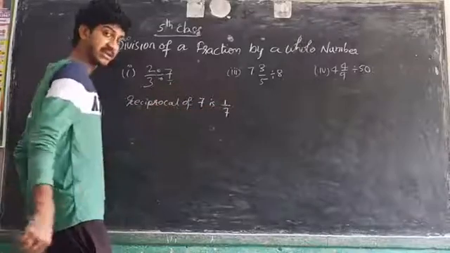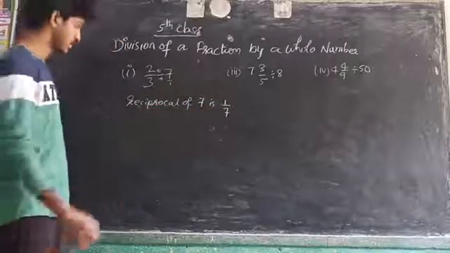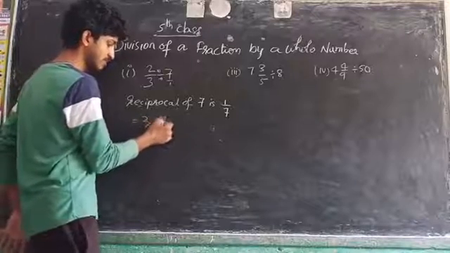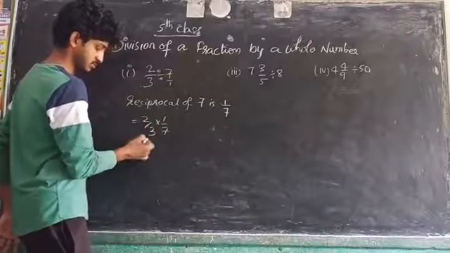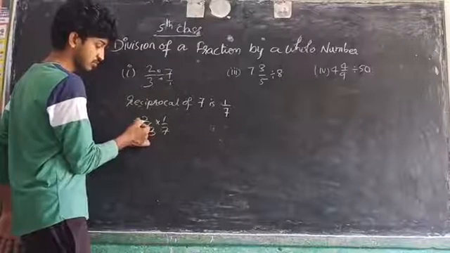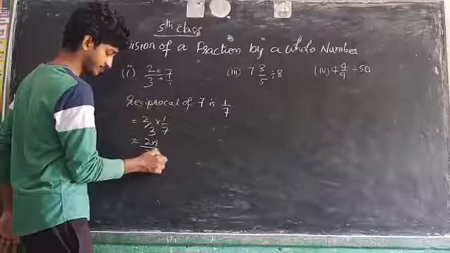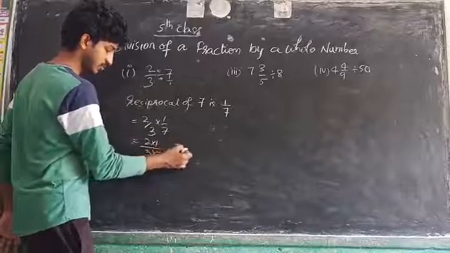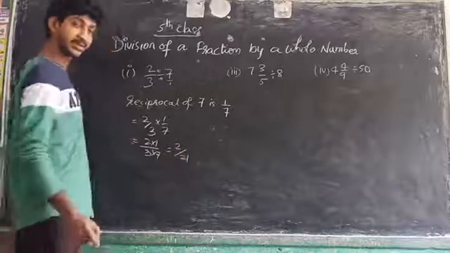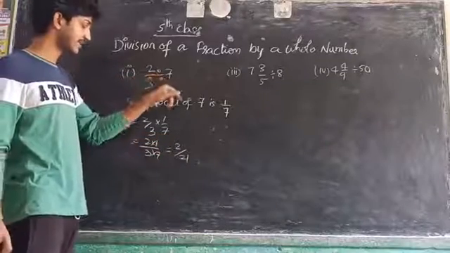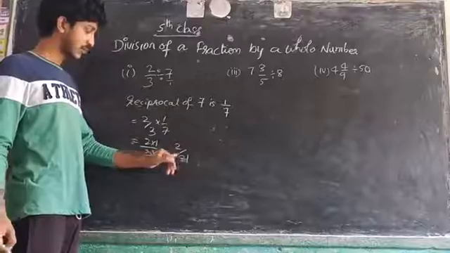It becomes 1 by 7, the reciprocal of 7. Now multiply 2 by 3 with the reciprocal of 7. So multiply these two now: numerator into numerator and denominator into denominator. 2 ones are 2, 3 sevens are 21. It becomes 2 by 21. If we divide 2 by 3 by 7, the answer is 2 by 21.